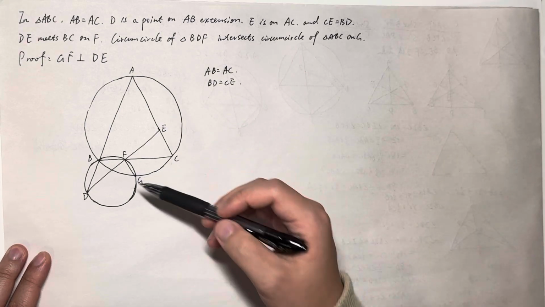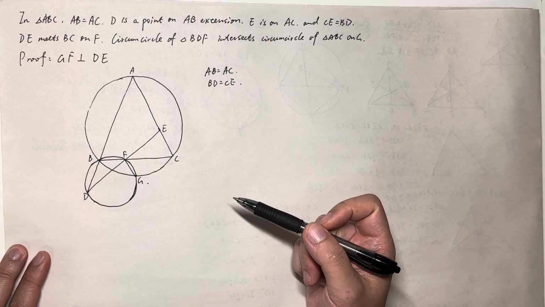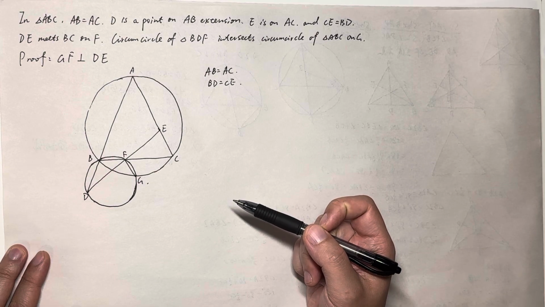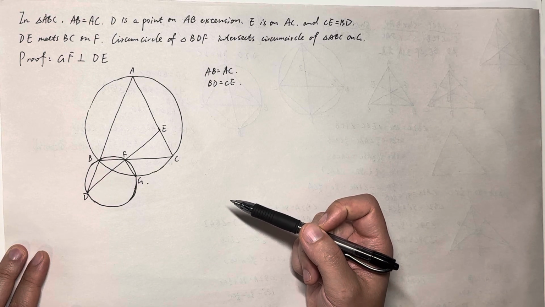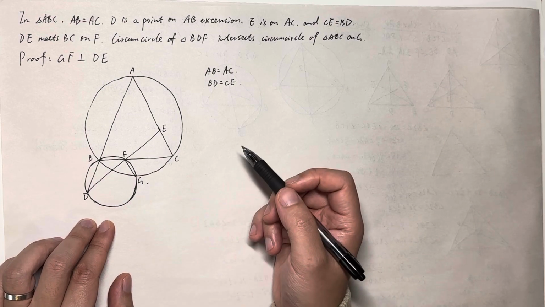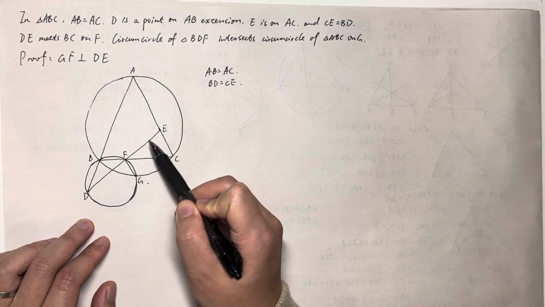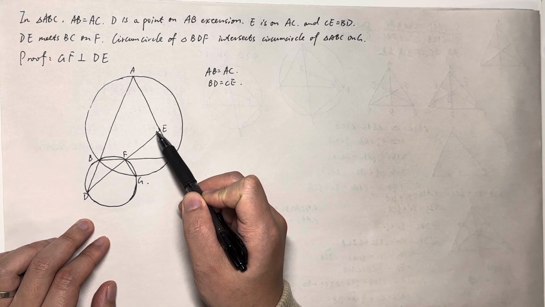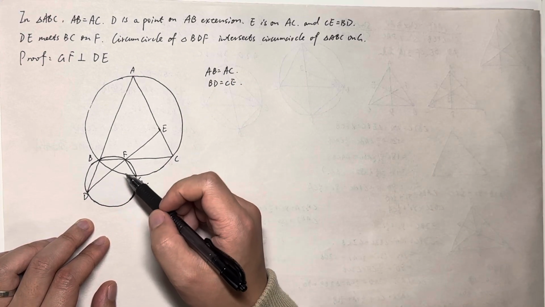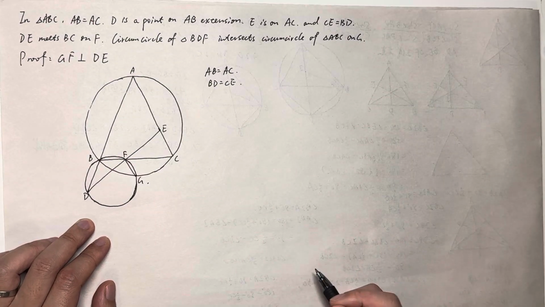But since we already see the two intersecting circles, we want to find out as many of the angle relations as possible, because we want to prove that GF is perpendicular to DE. And that's an angle relationship, right?